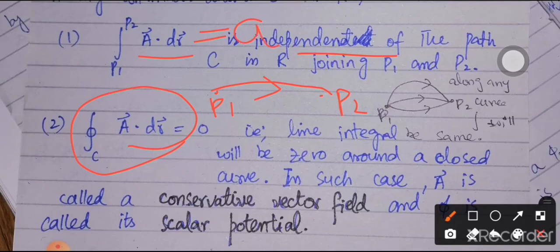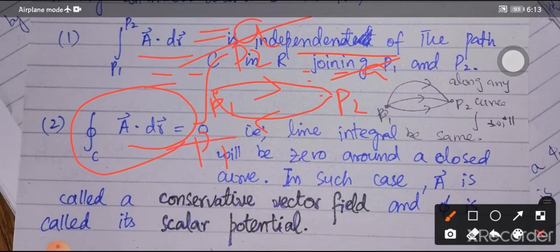Now when we say that we have a closed curve, it means that the initial and the terminal points are the same. So I'm going to join p2 to p1, and when I calculate the integral from p2 to p1, it will be equal to the negative of the integral from p1 to p2. So it will be equal to minus a, and both terms will cancel out and we will get the answer to be 0.